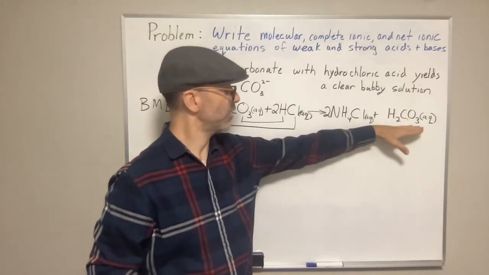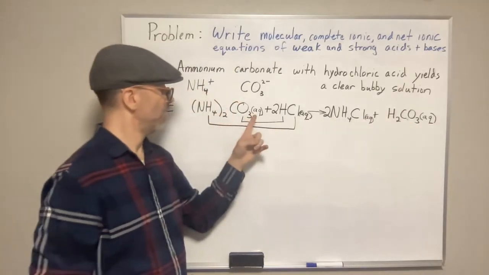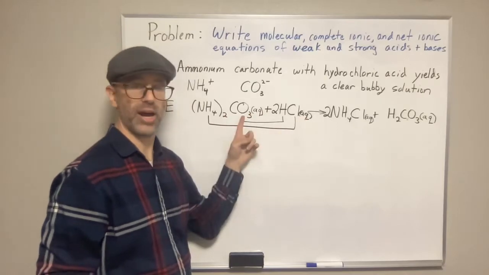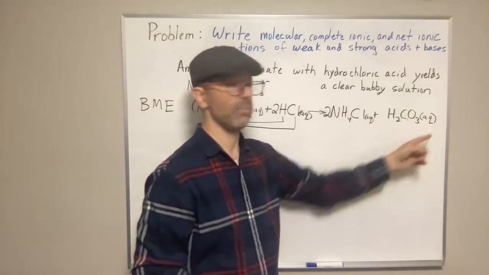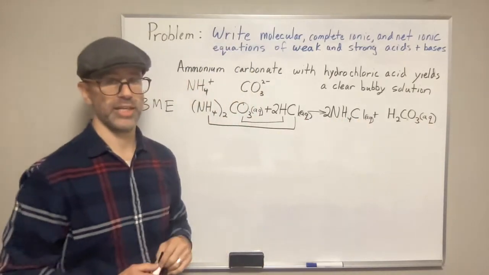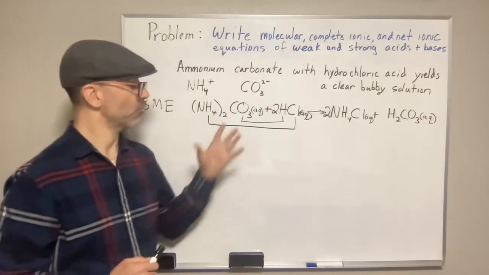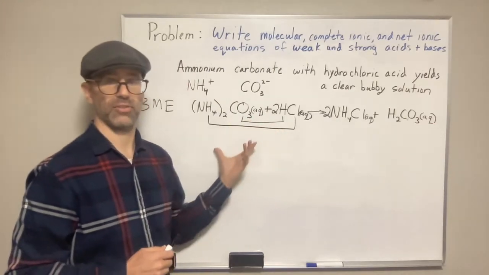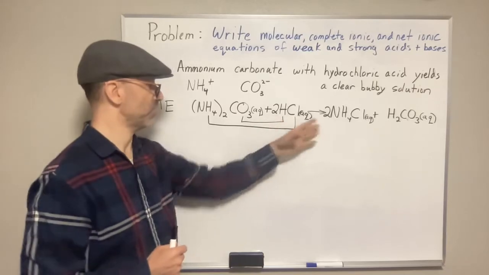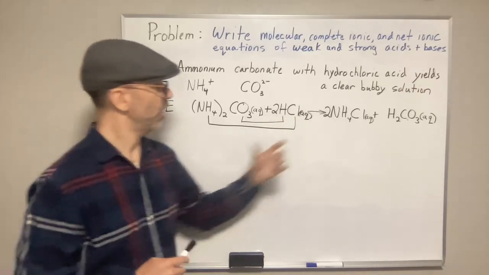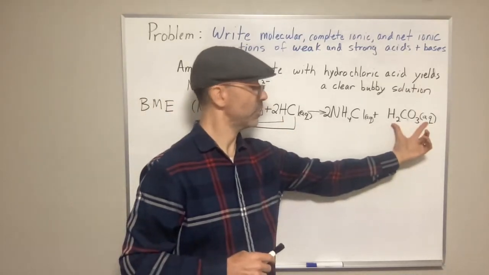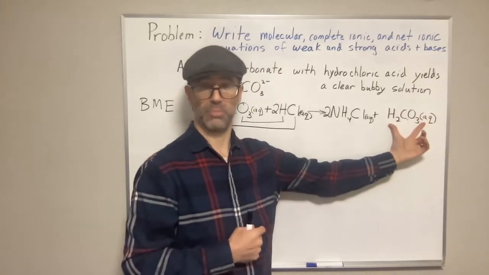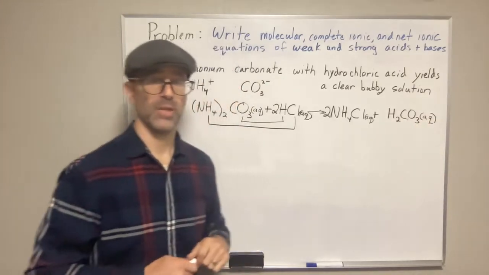So one of the things we need to recognize is, notice I have aqueous here on both sides, and I have aqueous here on both sides. Normally, you might recognize this and say, okay, this would be a no reaction because everything's aqueous, or this is a weak acid, so that might be the product and that'll stay together.